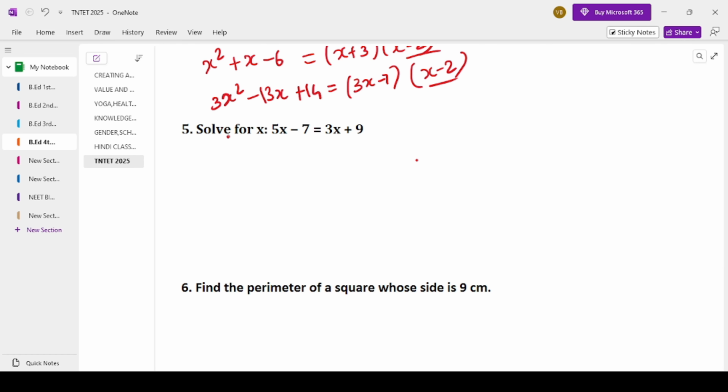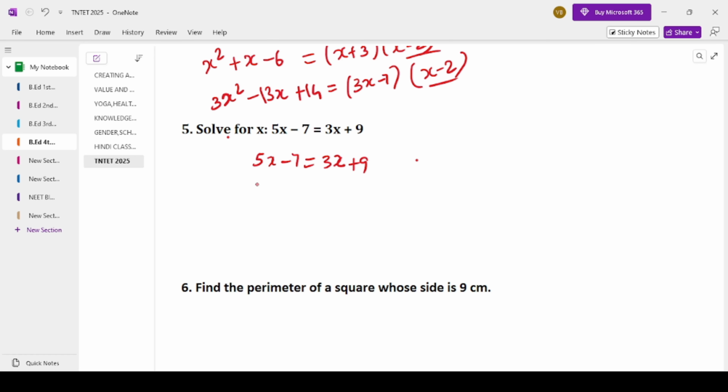So here they have given 5x minus 9 equal to 3x plus 9. So what we do is, first write the equation, 5x minus 9 is equal to 3x plus 9. That's the equation, right? So bring the variables to one side.